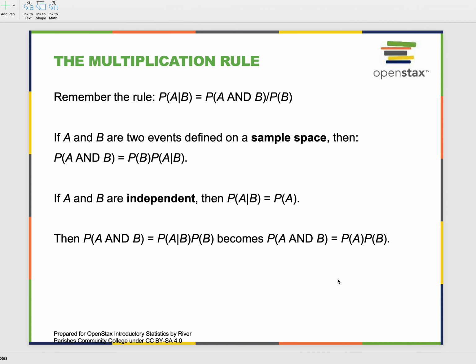Remember the rule: probability of A given B is probability of A and B divided by the probability of B. If A and B are 2 events defined in a sample space, then the probability of A and B is the probability of A given B times the probability of B. If the events are independent, the probability of A given B is the probability of A, so the probability of A and B just becomes the probabilities of the 2 events multiplied by each other, like we just saw.